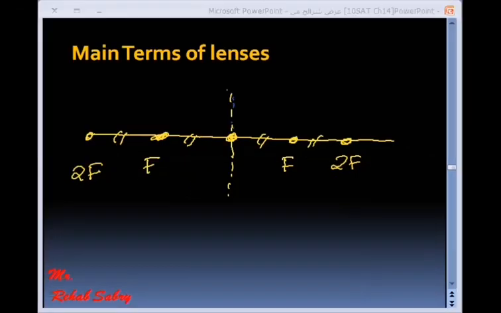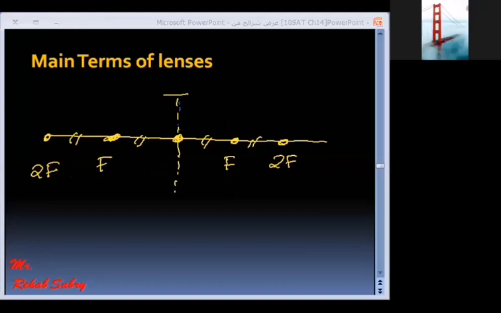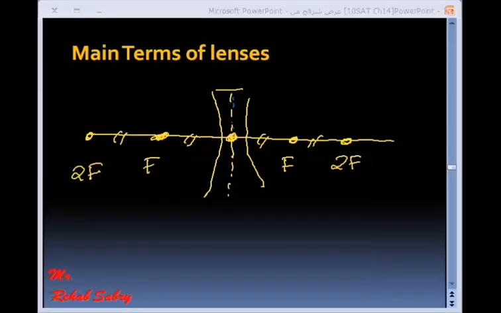Okay, then we will make the diverging lens as you see. What are the points here? This is a very important point. Sorry, let's sketch the rays.